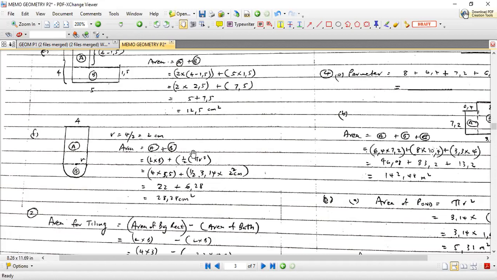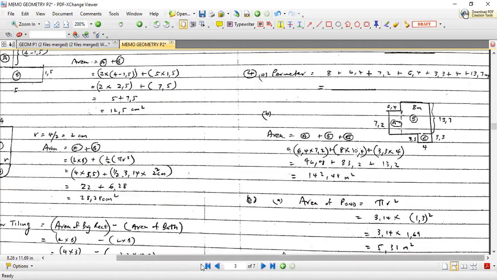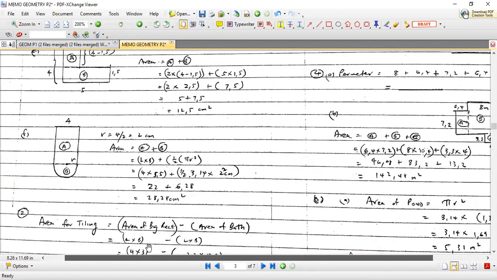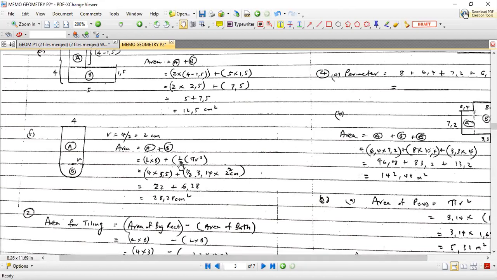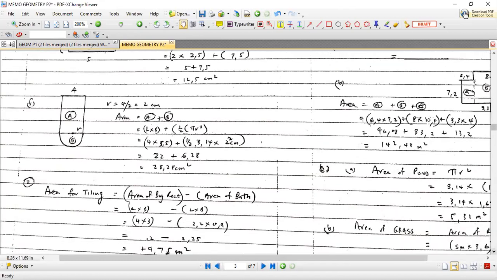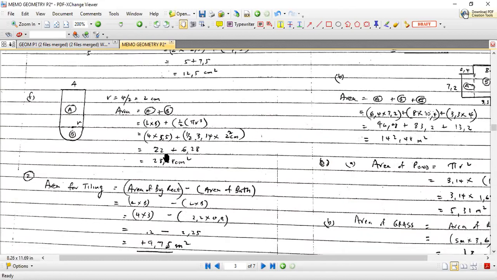Now it's important to note that it is a half pi r squared, since we are working with a semicircle, which is half of 3,14 times 2 squared, and that is 6,28 on its own, added to the rectangle, which will be 4 times 5,5, and that gives us 22 plus 6,28, 28,28 centimeters squared. Good.